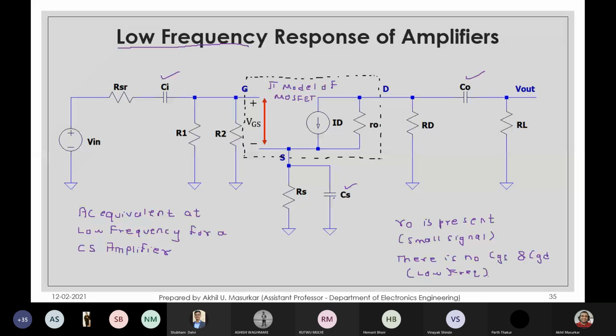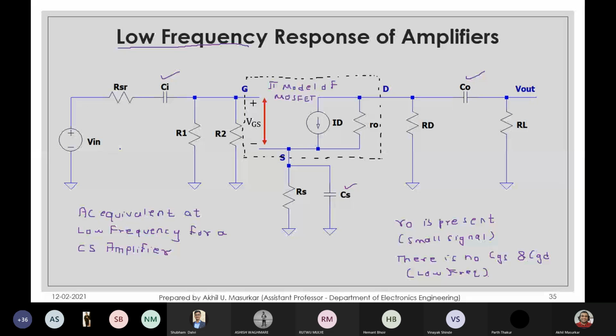And the third case will be C0 present, CI and CS not there. Like this, I find three responses, one because of CI, one because of C0 and one because of CS. And from the three responses, using the superposition theorem or a similar theorem, we determine the low frequency FL.